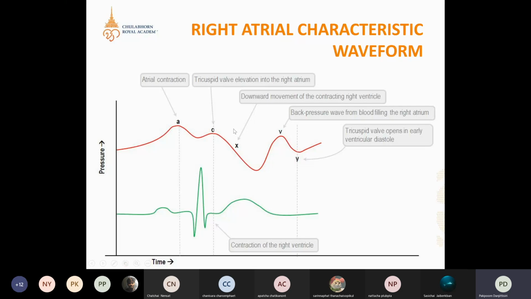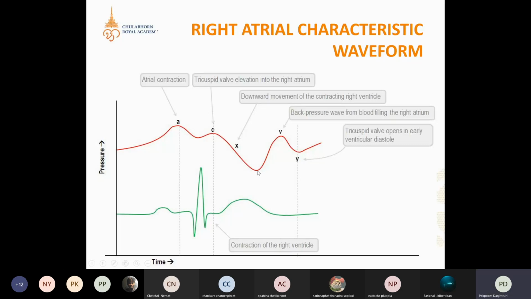With less volume, the pressure will be lower. So that shows you the X descent over here. After the end of the T wave, all of the valves will close again, right?